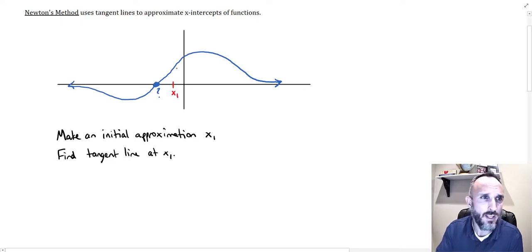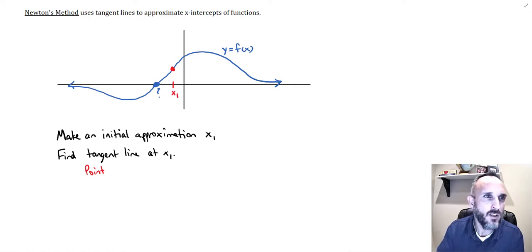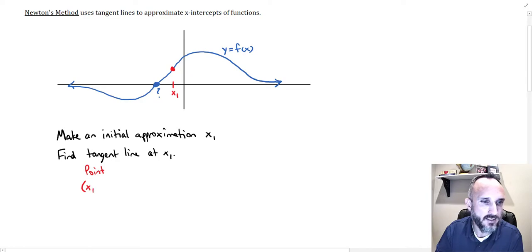And so what that looks like is, you've got to go find the point on the graph first. Let's give this function a name. This blue function, let's call y equals f of x. So the point here, the ordered pair, would be x sub 1, comma, f of x sub 1, whatever that happens to be. So that would be the point we're working with.